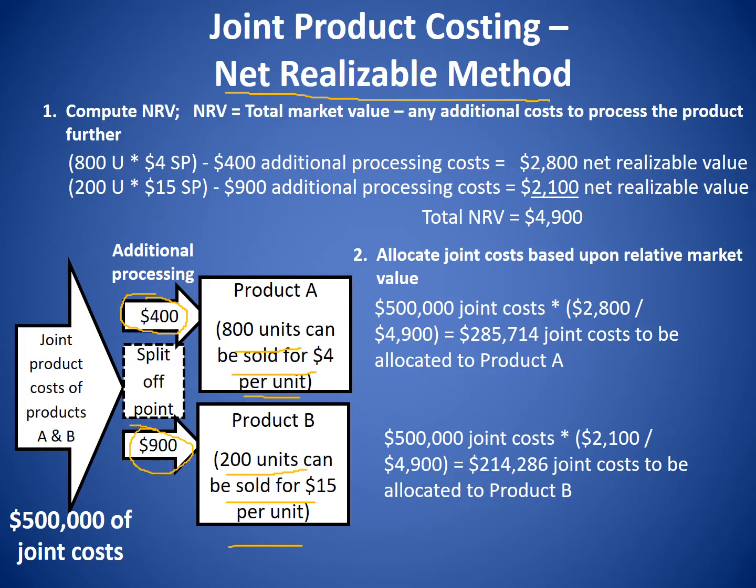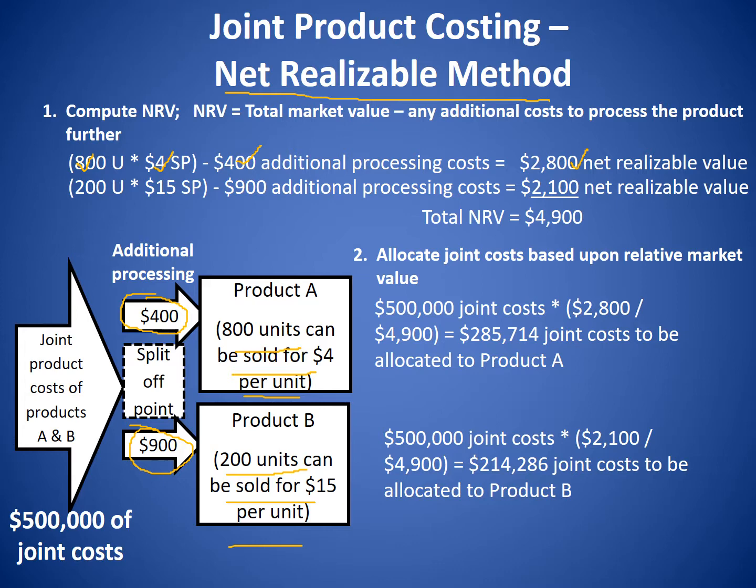So now we take the 800 units from product A times our market sales price of $4 per unit. Then we subtract out the $400 of additional processing costs. That means our net realizable value is $2,800.